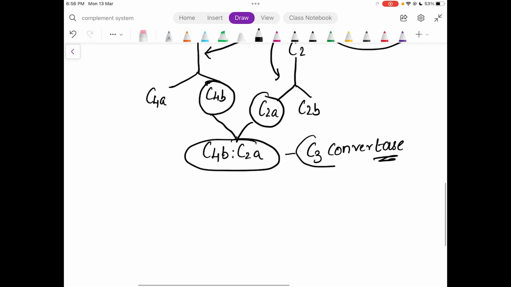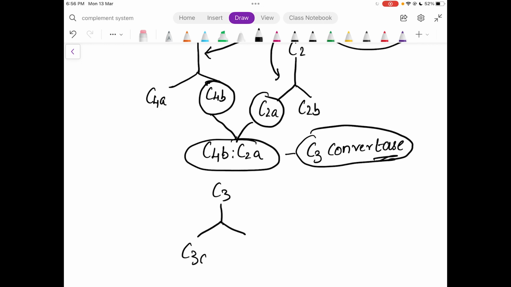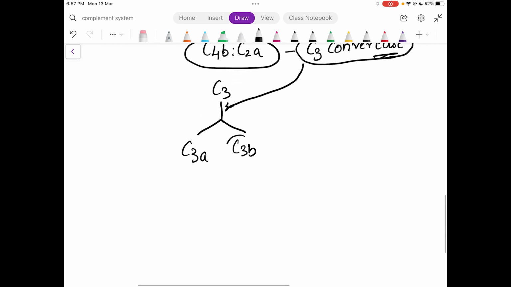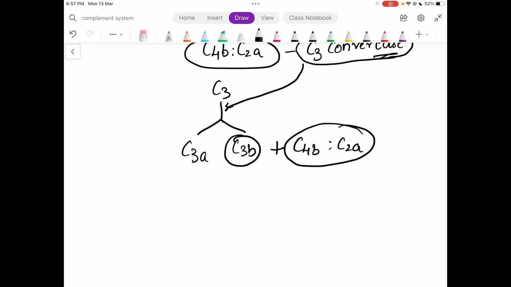This C3 convertase has protease activity, which causes splitting of C3 into C3A and C3B. Now C3B will bind with C4B and C2A, and they will form a complex.